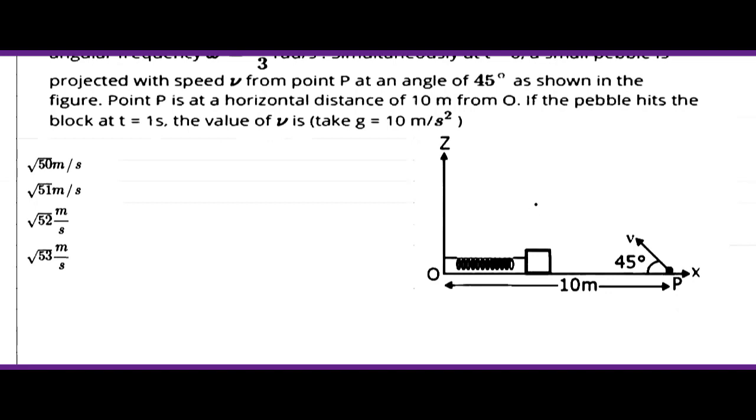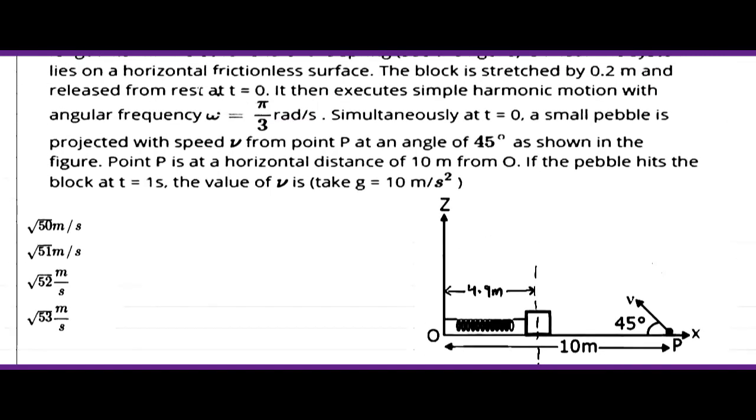See, if this is the mean position of the block, so we have this distance as 4.9 meters at t equals 0. And if this distance is 4.9, then this distance will become 5.1 meters, right? The distance of the pebble. Now at t equals 0, this object has been stretched by 0.2 meters.